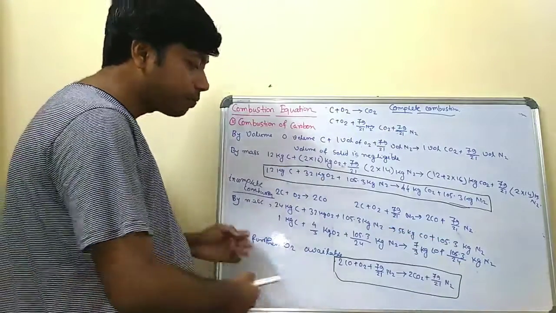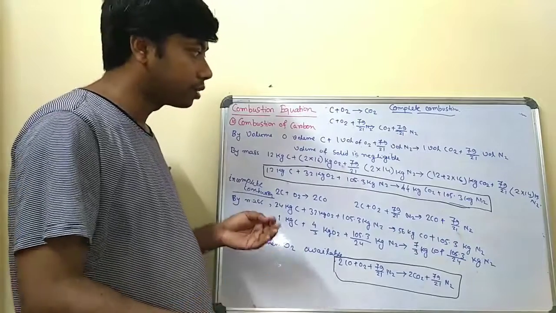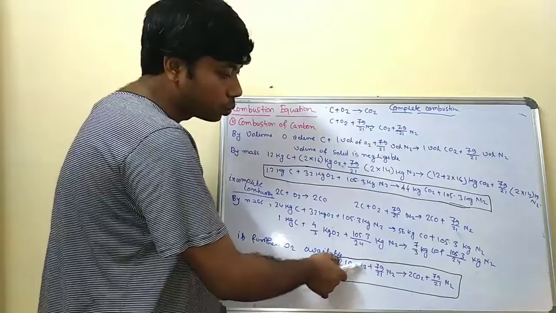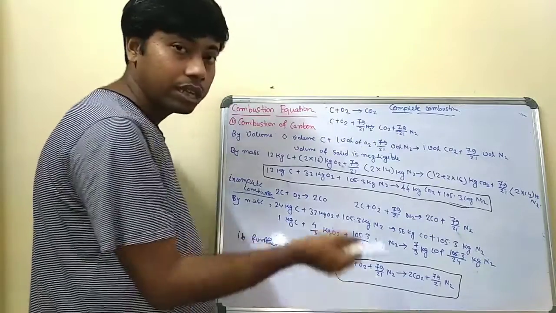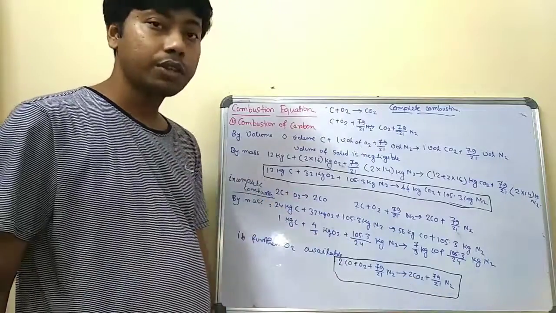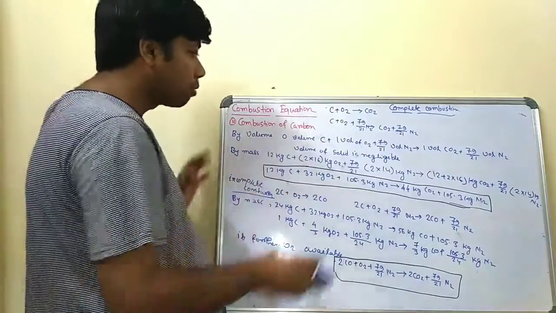Now if further oxygen is available, the equation becomes 2CO plus O2 plus 79 by 21 nitrogen equals 2CO2 plus 79 by 21 nitrogen. So this is the combustion of carbon.